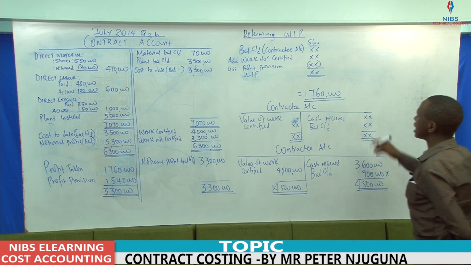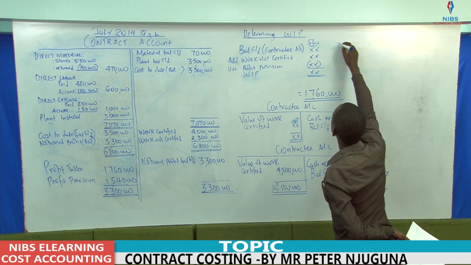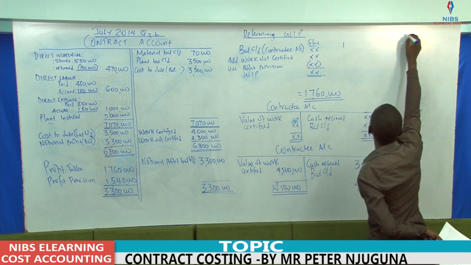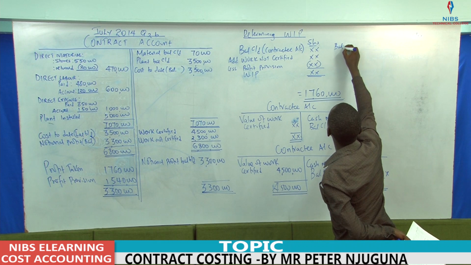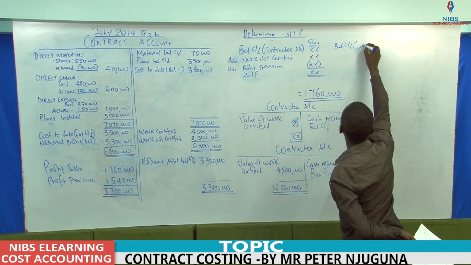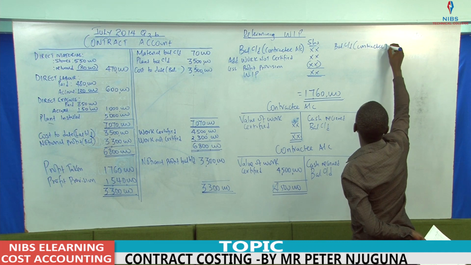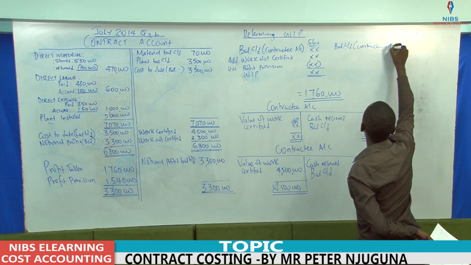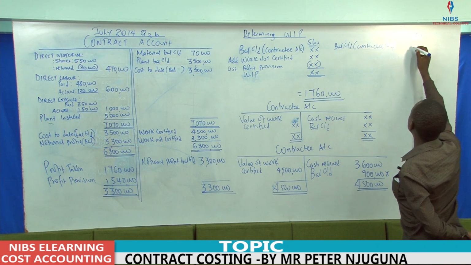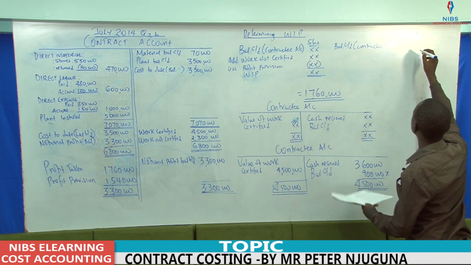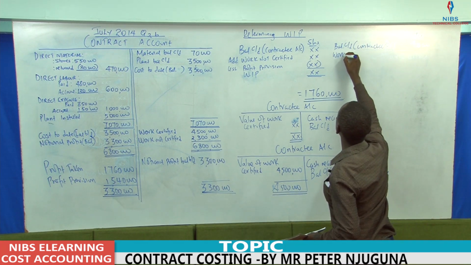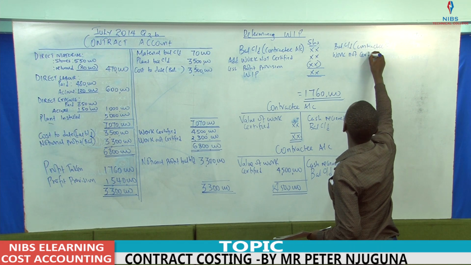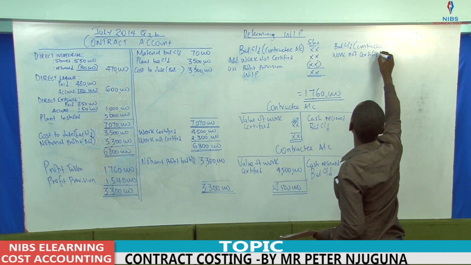So let us do that as per our question. Let us now have the balance carried down as per the contractee account. As per the contractee account, how much was it? It was 900,000. You add work not certified.